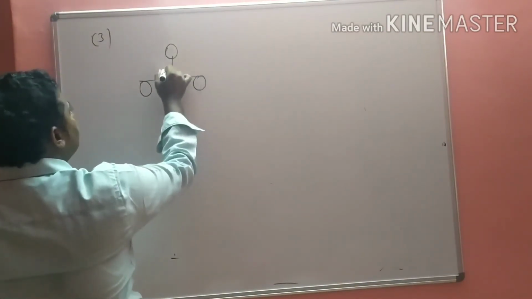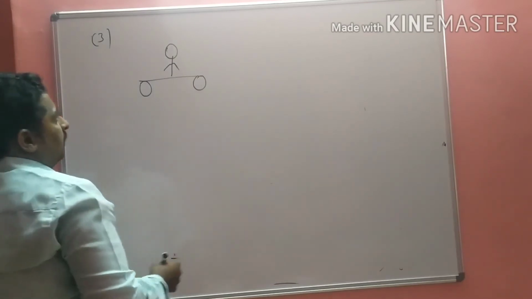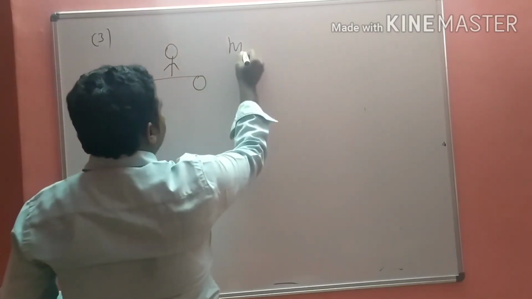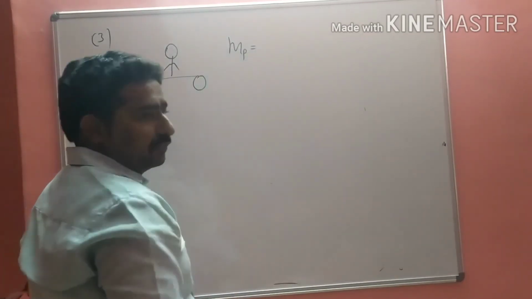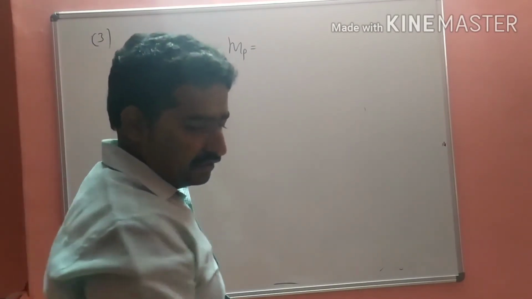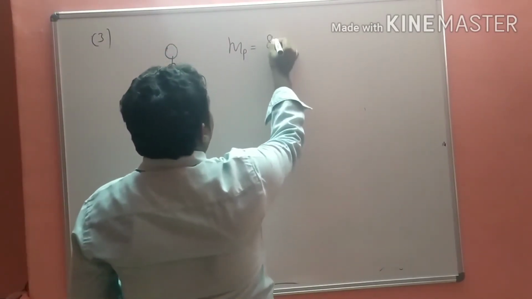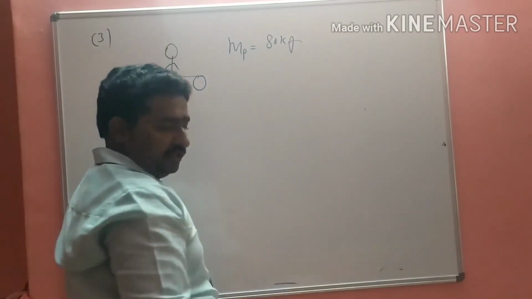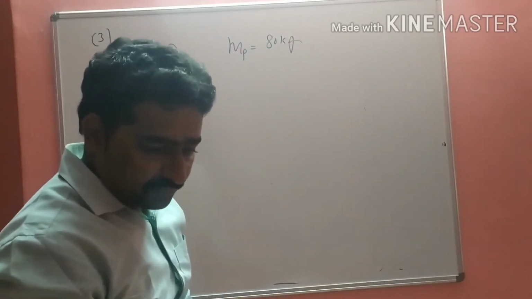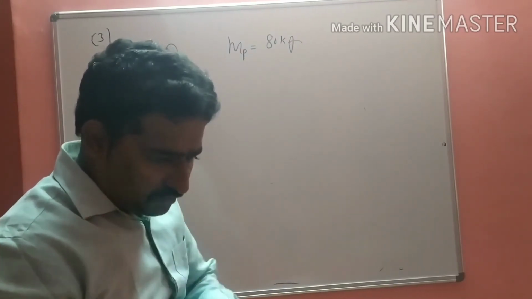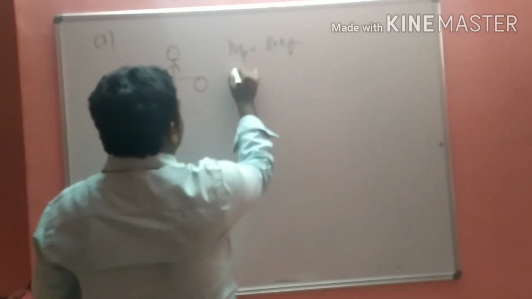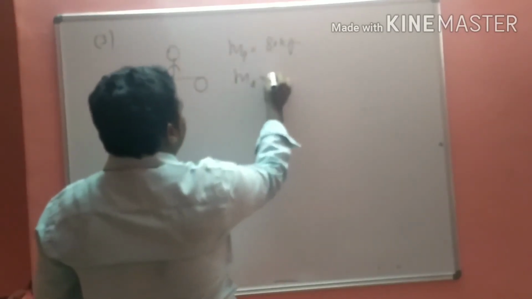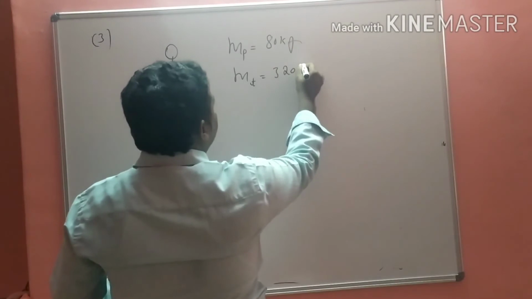So the man is standing. The mass of the person is 80 kg. The mass of the trolley is 320 kg.